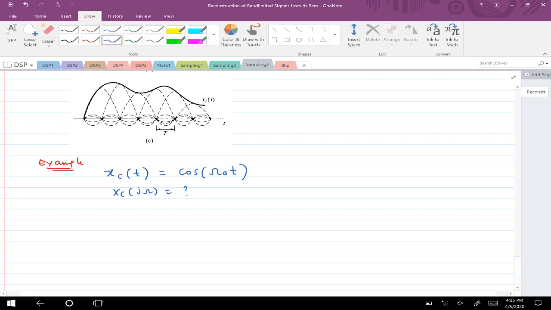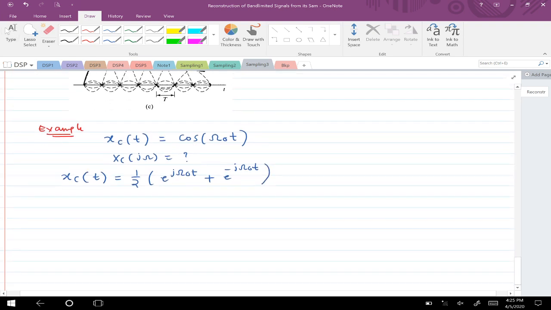The moment you see cosines and sines, you write them in terms of complex exponentials, which are the eigenvectors of the Fourier transform. So you could write it as 1 by 2 times e power j omega naught t plus e power minus j omega naught t.